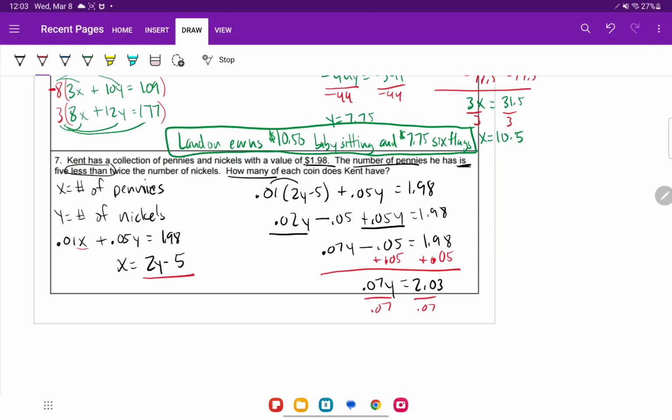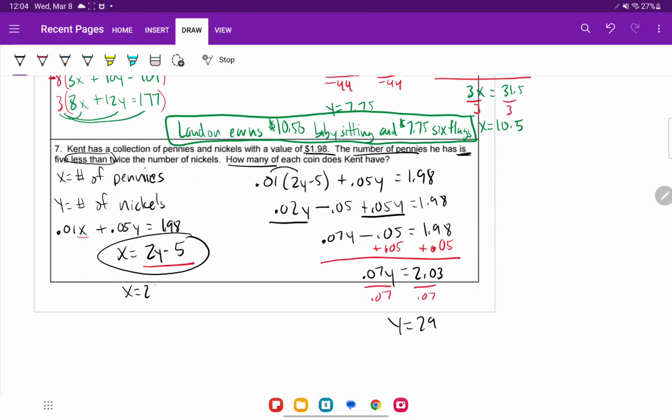Let's see what happens here. So 2.03 divided by 0.07, and that gives me 29. So y is equal to 29. That's going to be the number of nickels. I have 29 nickels. To get my x value, you see this equation right here, we just plug it in there. So x equals 2 times 29 minus 5. So 2 times 29 is 58, minus 5 is 53.